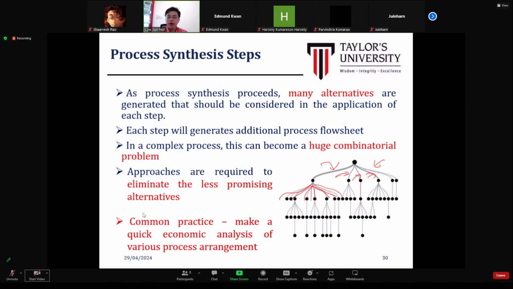And since the arrangement of the unit operations differs, later it will influence the final performance of our chemical plant or even the quality of the product that we are going to produce.